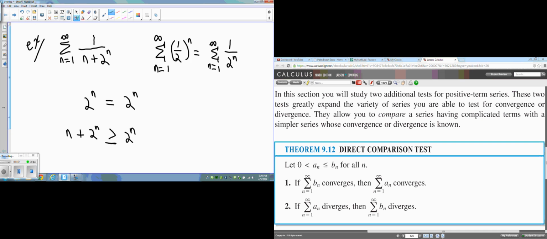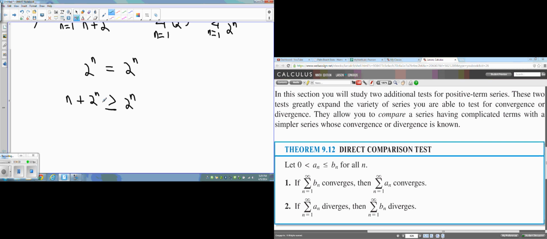And if I flip both sides over and find the reciprocal, it would say that 1 over n plus 2^n has some relationship to 1 over 2^n. Well, what relationship is that? Since I'm flipping both sides over, if you find the reciprocal of two numbers, the relationship that they have as far as greater than or less than is going to change.